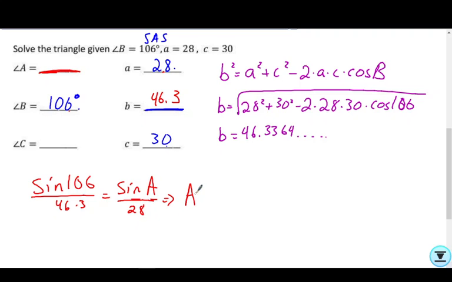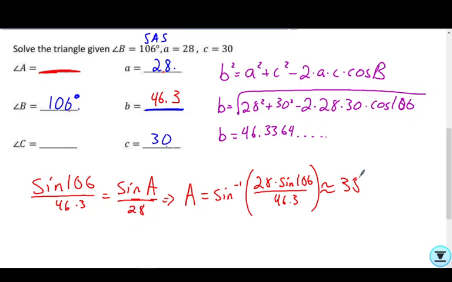So that means that angle A is going to be equal to sine inverse of 28 times the sine of 106 over 46.3, which is approximately 35.51152 and so on, which means this is 35.5 degrees.